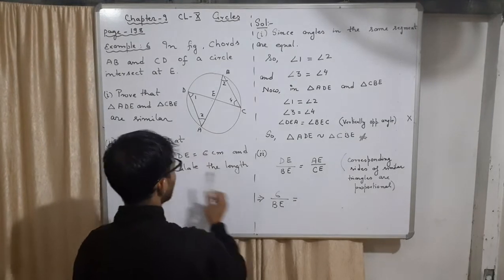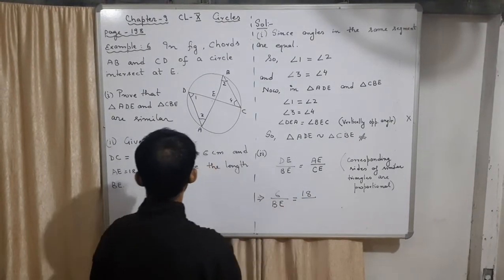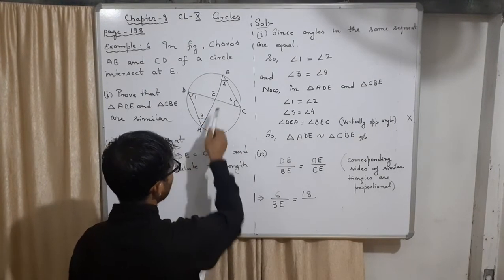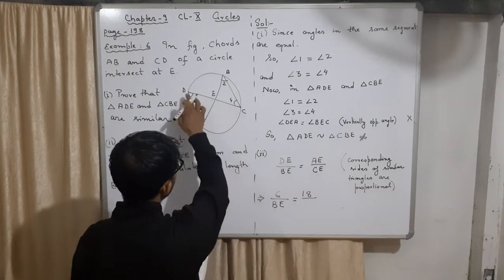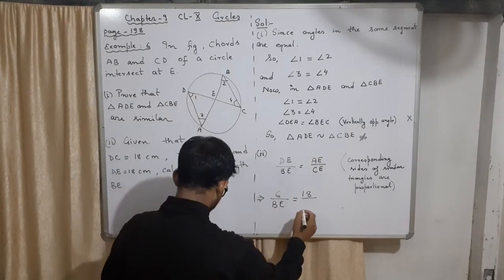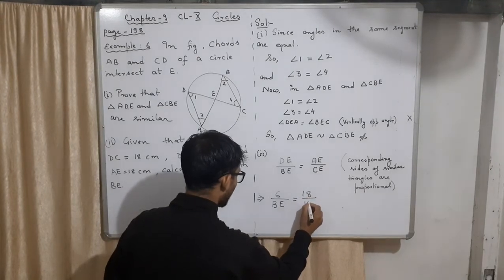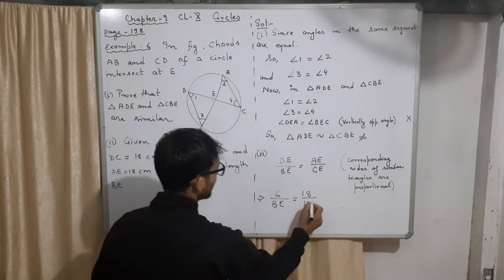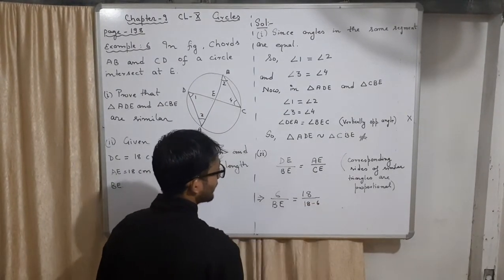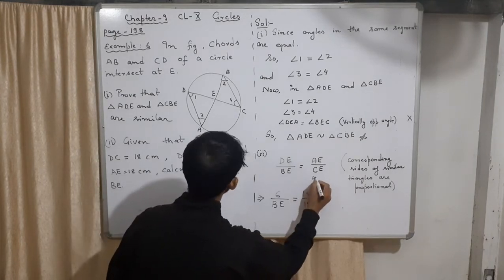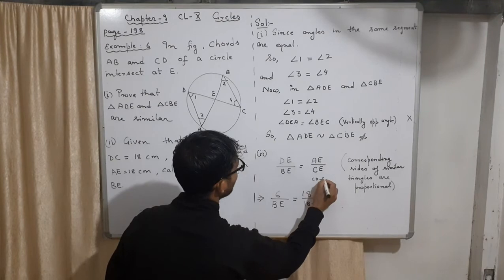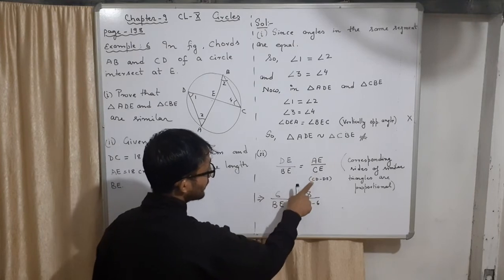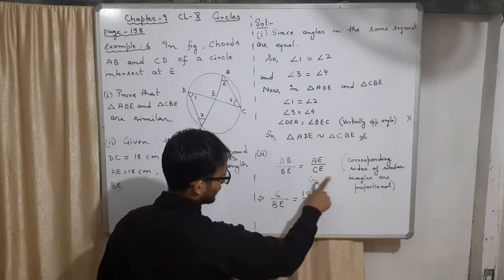AE is given in the question, 18. CE is not given, but we are given CD. So CE is CD minus DE. That is why it is 18 minus 6.